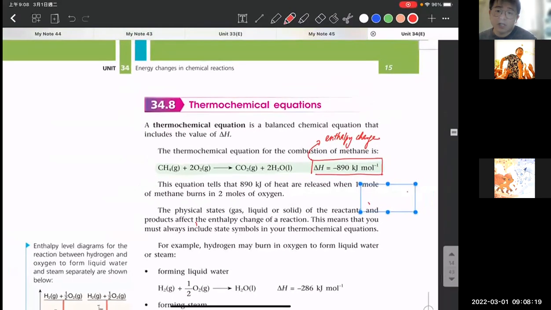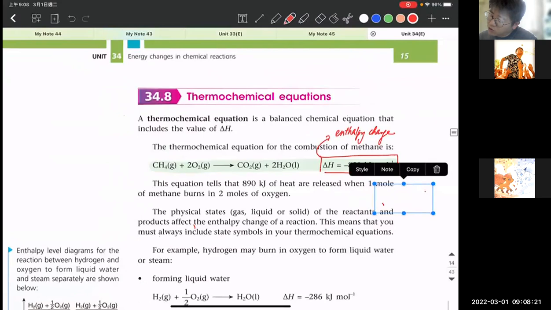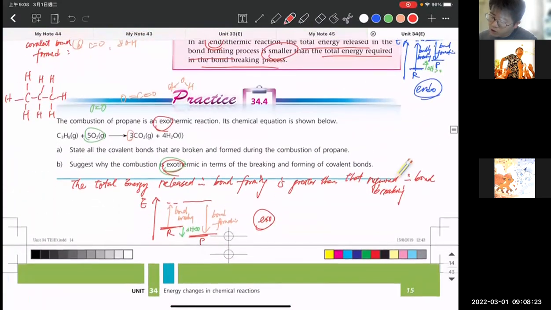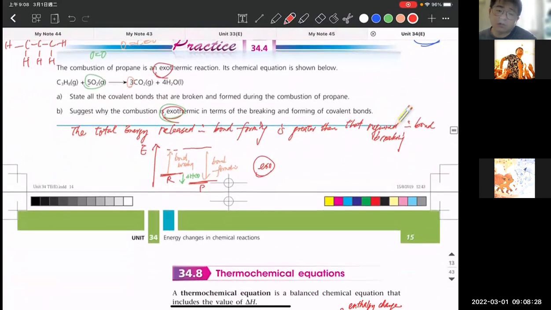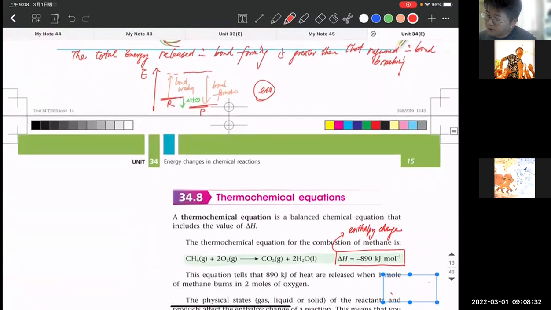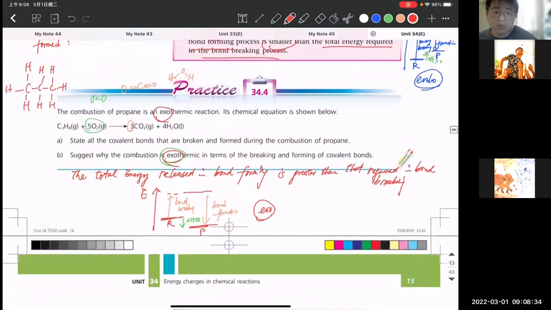Okay, enthalpy change. Which means that you are going to measure the difference between the enthalpy level of the reactant and product. So here comes that data. You may have two scenarios.